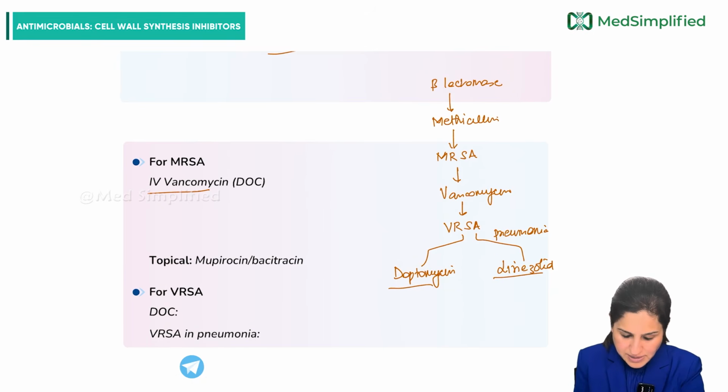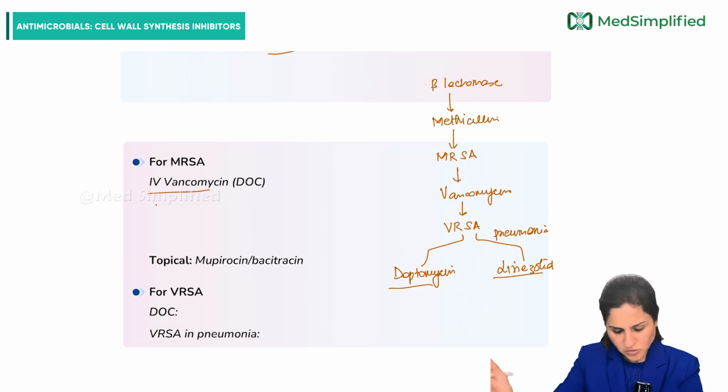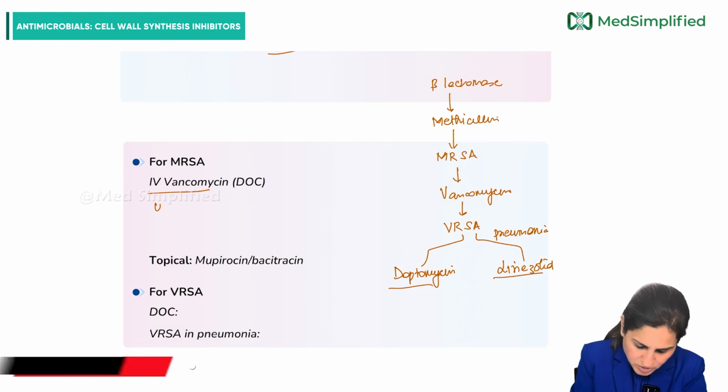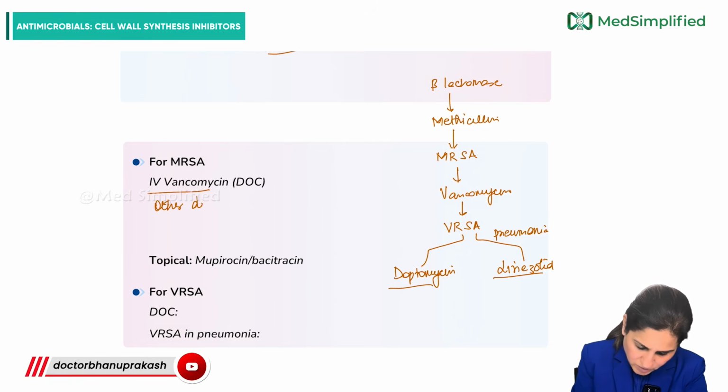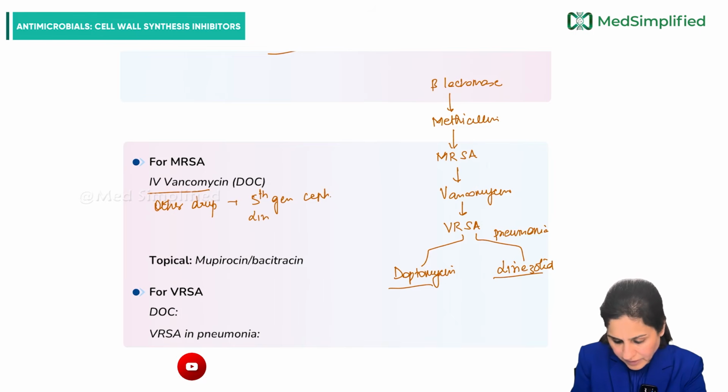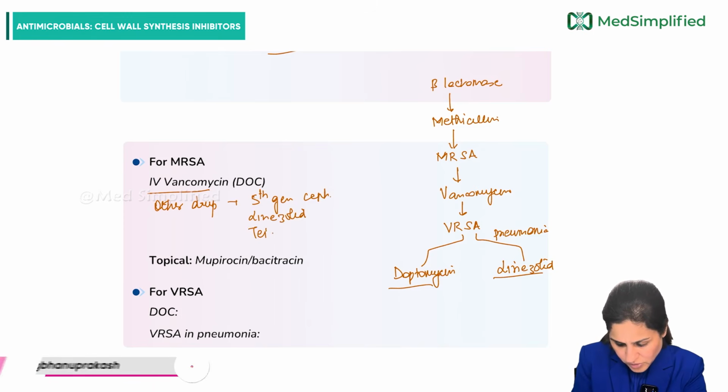So here for MRSA, IV vancomycin is the drug of choice. We can give other drugs, like the 5th generation cephalosporins we just did, which can do the trick. Then we can give linezolid as such. We can give teicoplanin also, and we can give streptogramins.